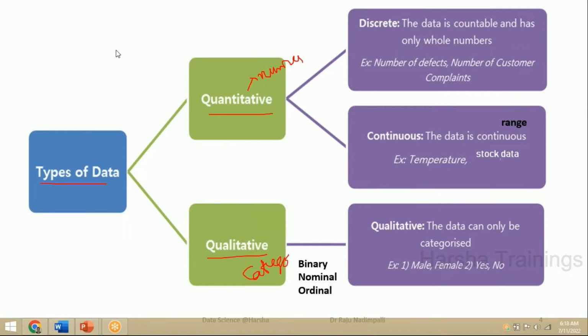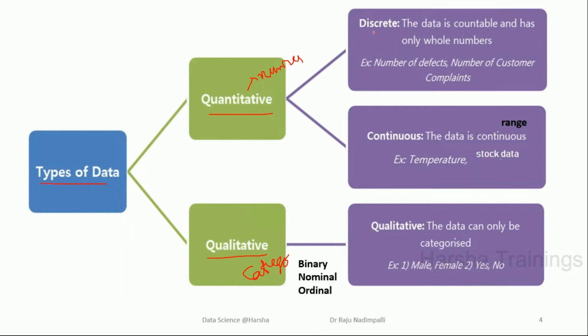Now, if you ask me, what is quantitative data? Quantitative data is once again divided into discrete and continuous data. In discrete data, we represent the data as countable, and it has only whole numbers between 0 and any number.